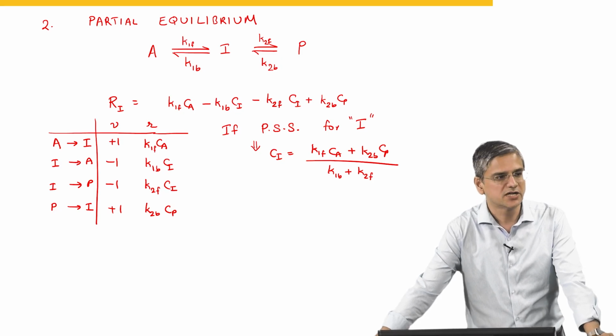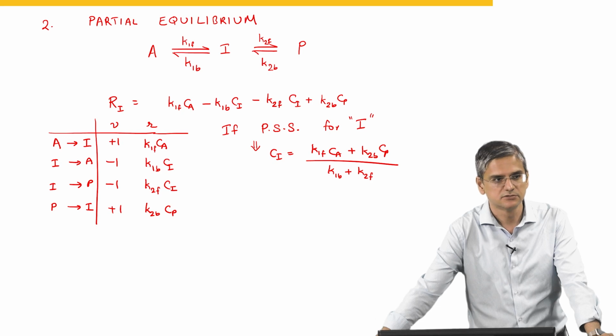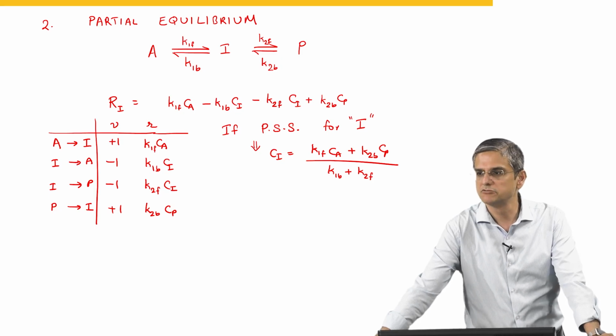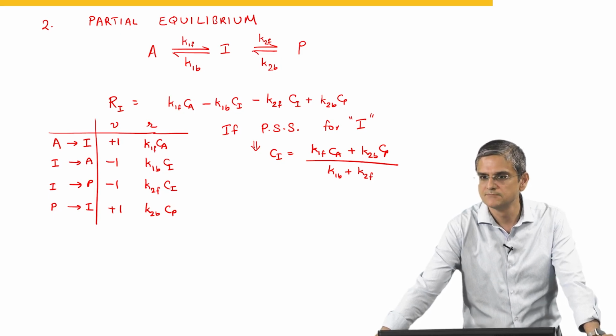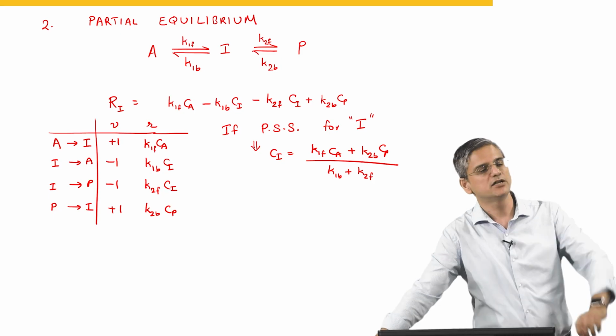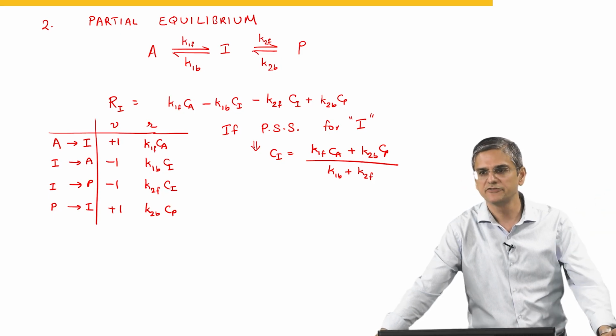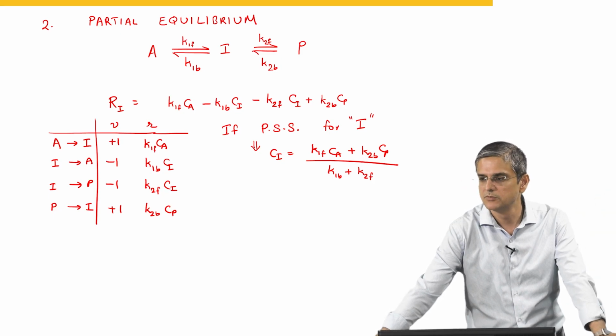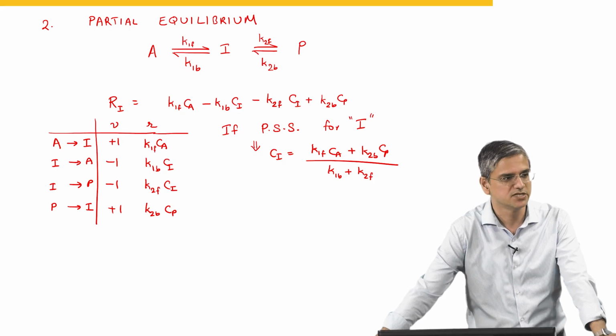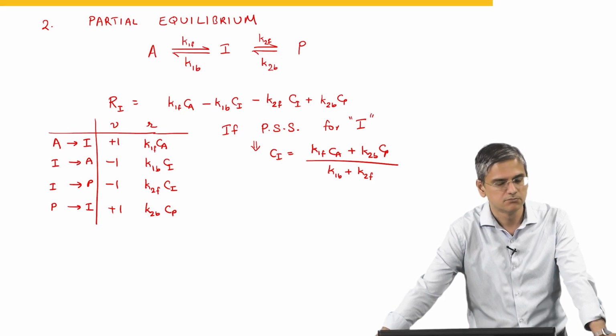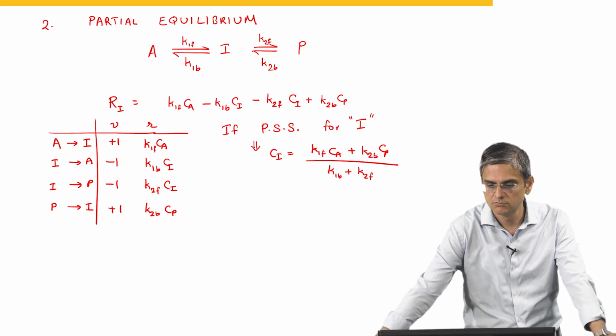What do you think would be partial equilibrium based on what I had mentioned in the previous lecture? Okay, forget the word partial. Let us say we were talking about equilibrium. What can possibly be in equilibrium? Intermediate and the reactant can be in equilibrium.